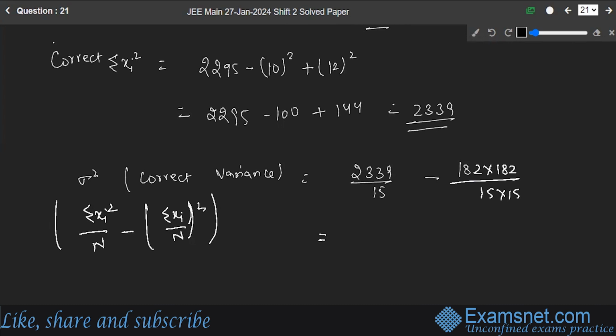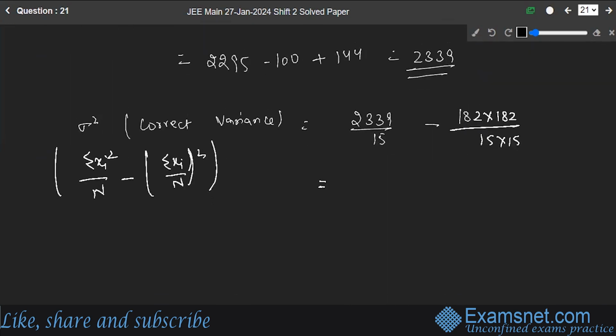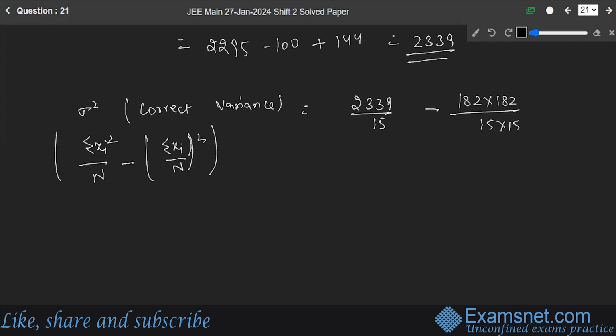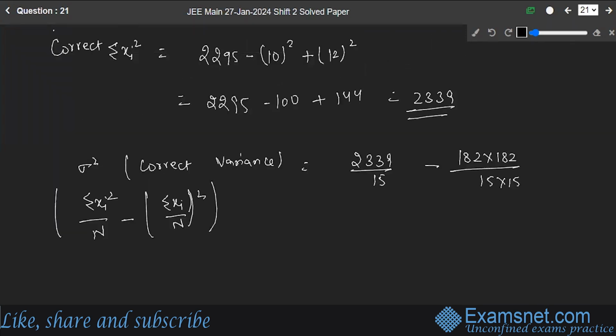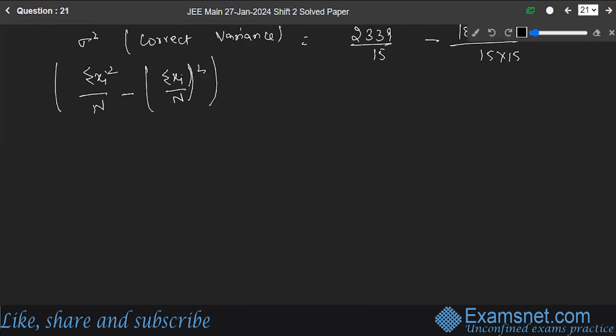So what do you have to find out? Let's do the calculations later. I'm just using the formula 15 into mu square plus sigma square.